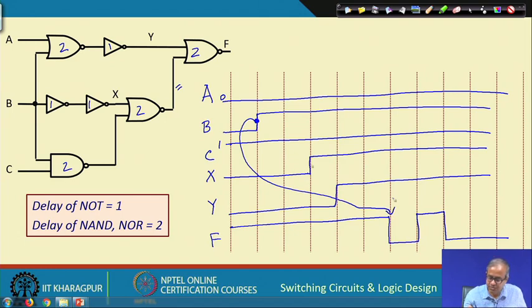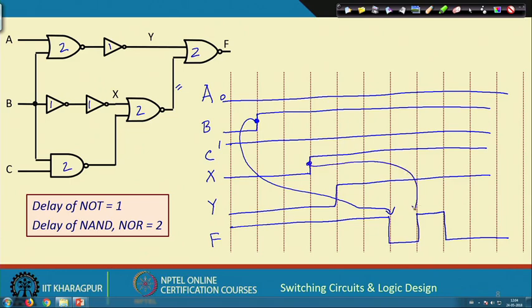This second edge will be due to the transition of x here, this edge, and the third edge will be due to the transition at y here. So, you see all these edges are because of the delays in these gates and some signal value changing somewhere. This is an example of dynamic hazard which we have demonstrated.